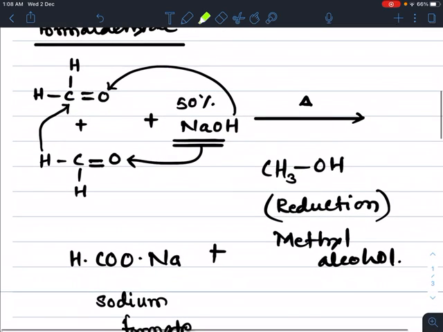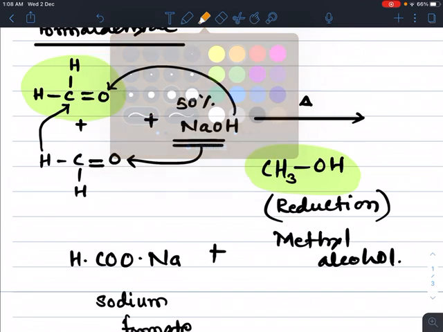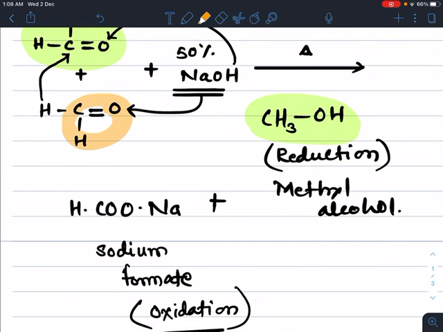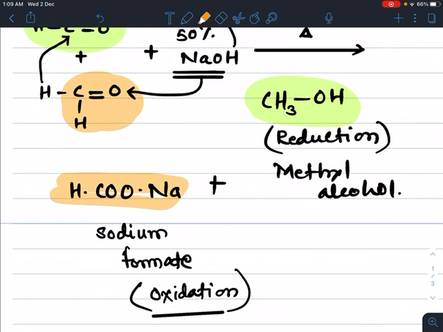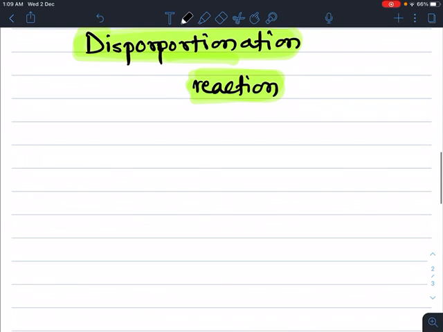One molecule of formaldehyde is converted into the reduced product, methyl alcohol, and the other molecule undergoes oxidation and we get the sodium salt of a carboxylic acid. So one undergoes reduction and the other undergoes oxidation, and therefore this reaction is generally called a disproportionation reaction.